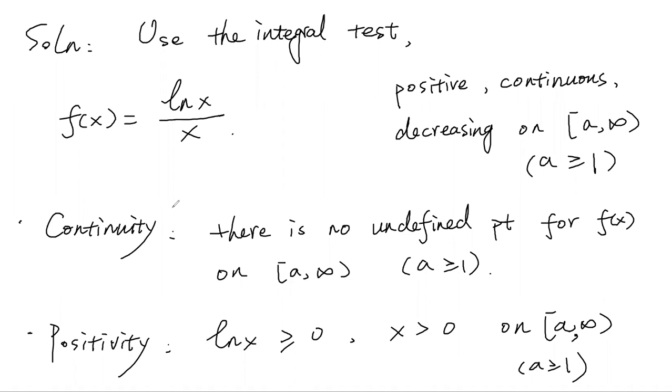You can just simply say that this function is continuous and positive on an interval like this. Then after that you can proceed to determine whether it's a decreasing function on that interval. I'll continue to check if it's decreasing.